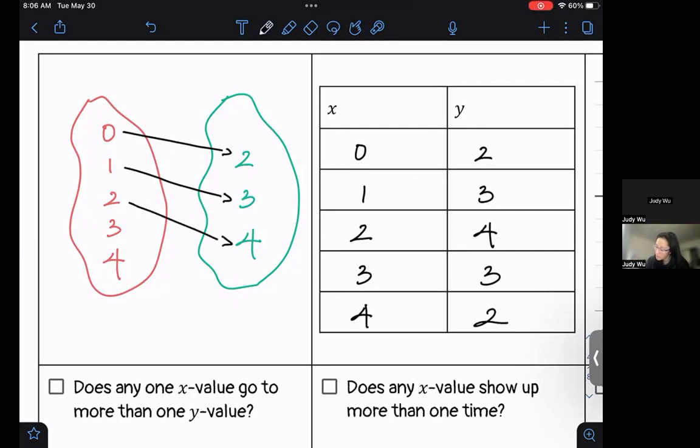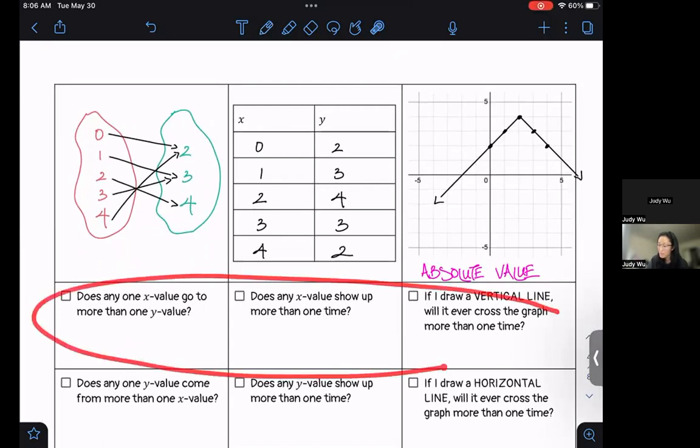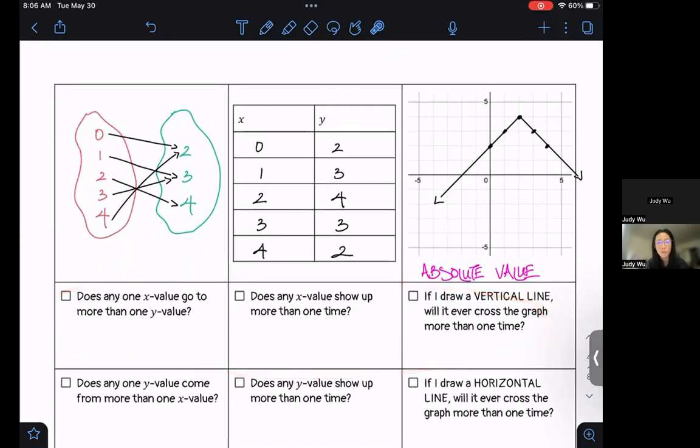But now we have 3 goes to 3, so I have to draw 3 going to 3. And then lastly, I have 4 going all the way back up to 2. It's okay for the arrows to crisscross, right? But now I think it makes our analyzing question a little bit more interesting than last time.